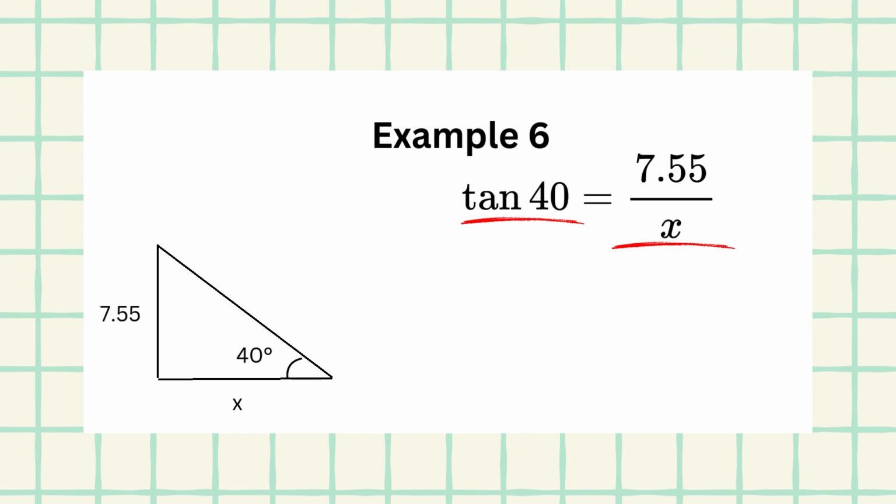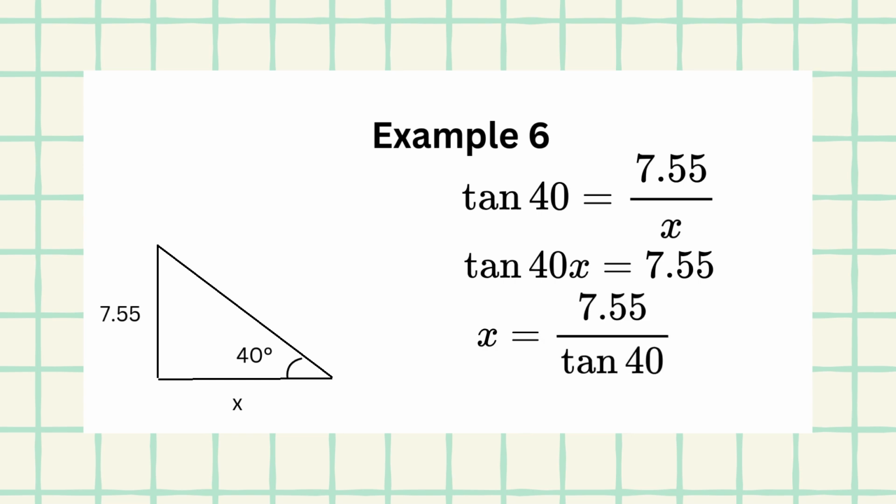The answer will be tan 40x equals 7.55. The value and pronumeral again are next to each other. Tan 40x. The invisible symbol in between is multiply. The opposite of multiply is divide. We leave x by itself. X equals 7.55 over tan 40. Our answer will be 8.99.